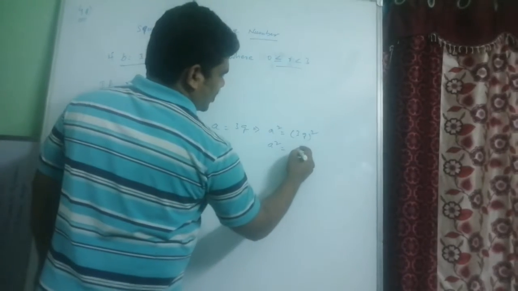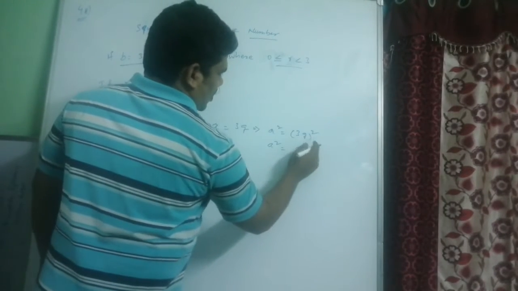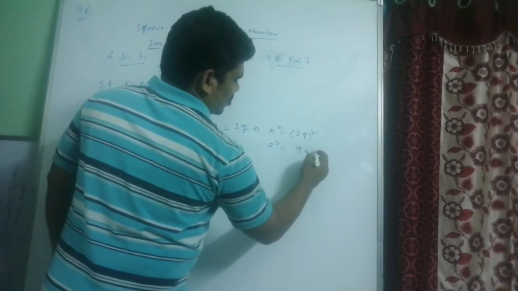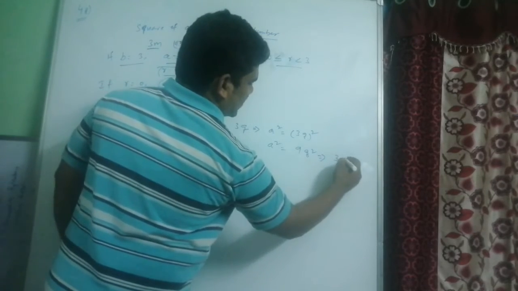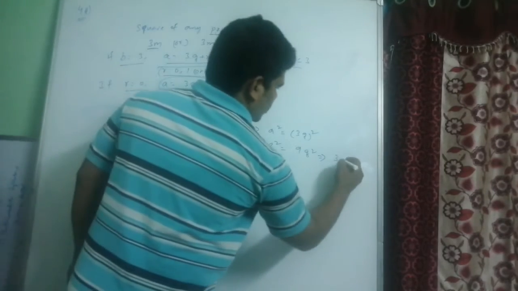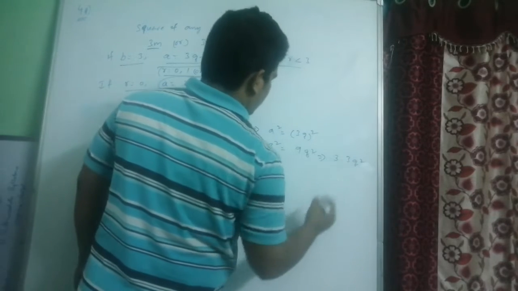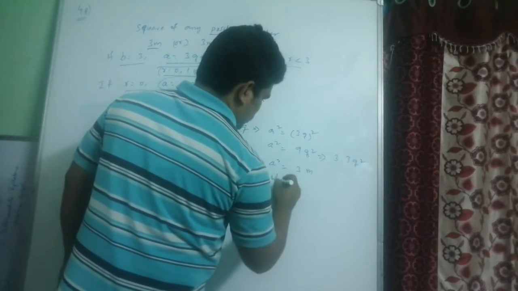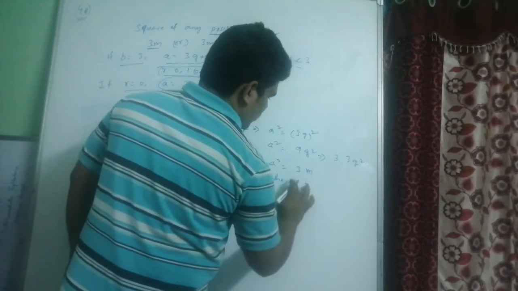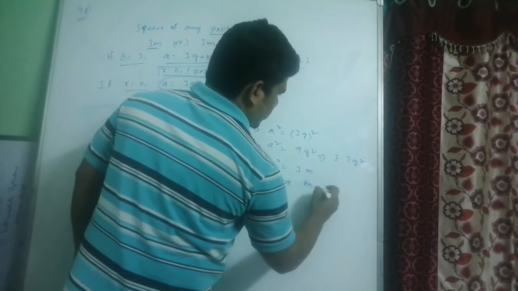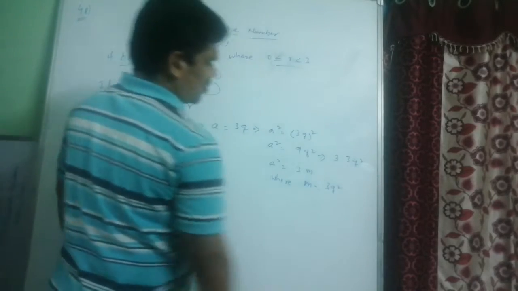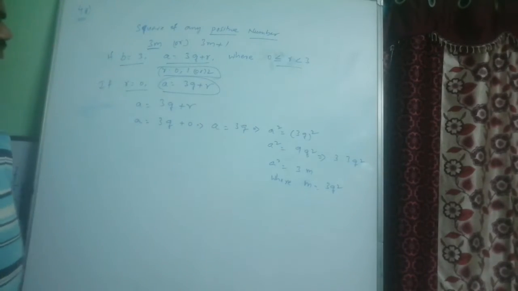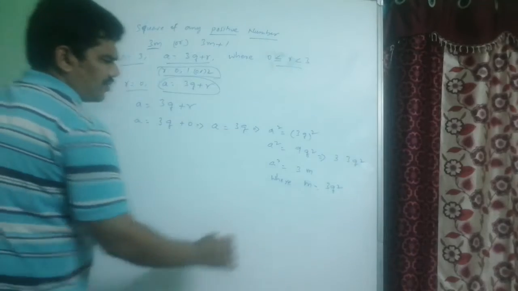So a square means 9q square. So 9q square means 3 into 3q square. So a square equal to 3m, where m is 3q square.